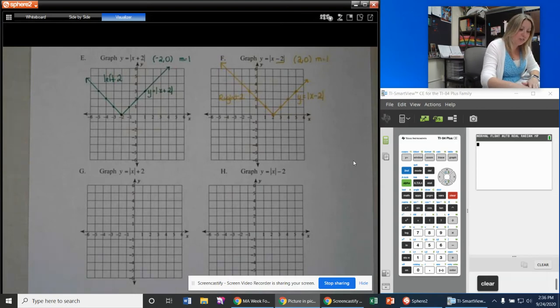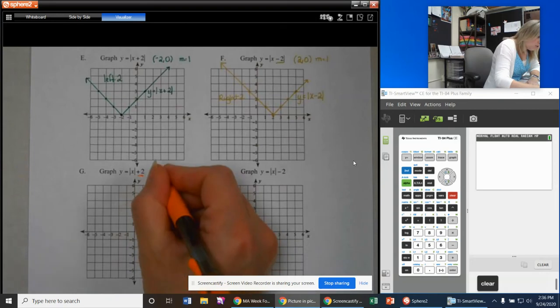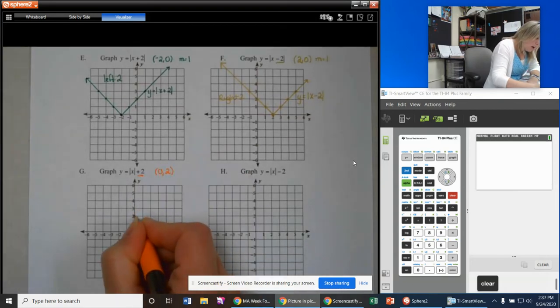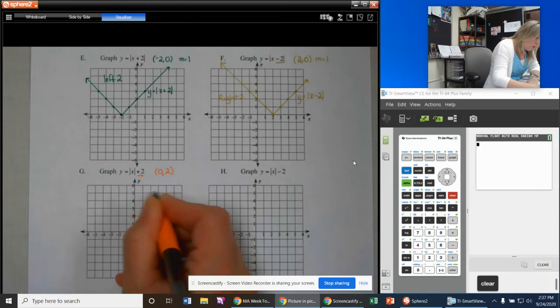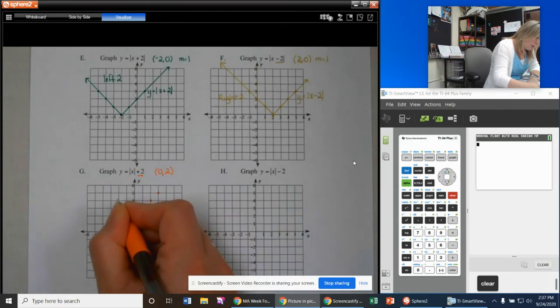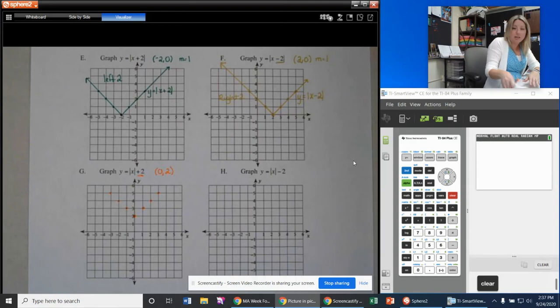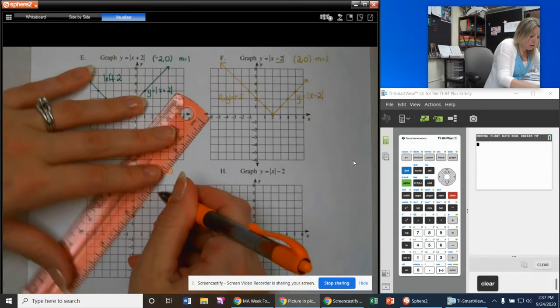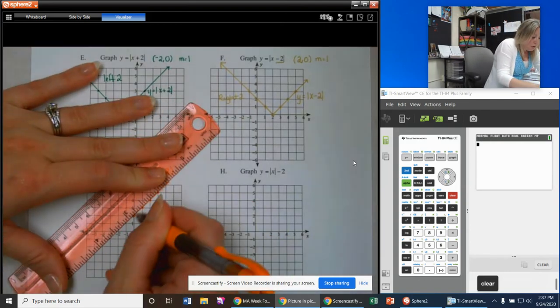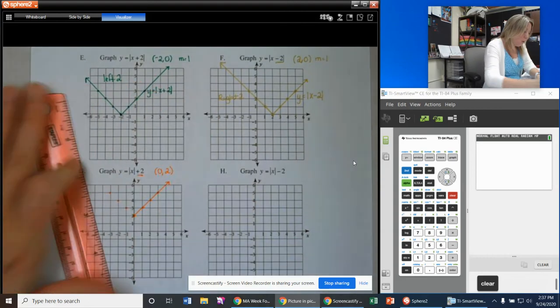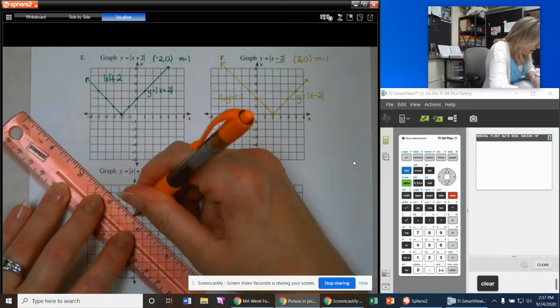Okay, down here, let's see. How about some orange? +2 on the outside. That is the correct place that you think it's going to go. So this goes from 0, 0 to 0, 2. This is up 2. And then, of course, your slope is still 1. But again, notice I have not had to stop to enter any of these into my graphing calculator because I know how the pattern works from looking at my equations.